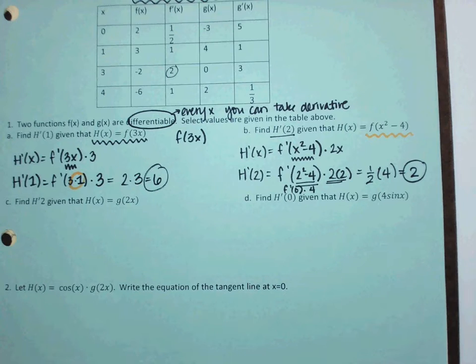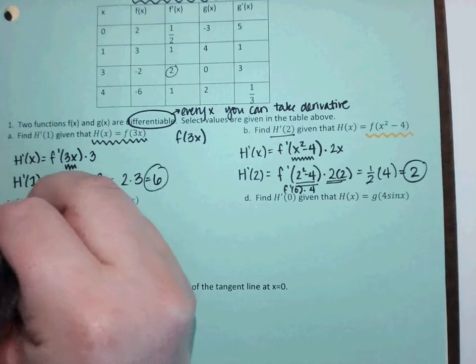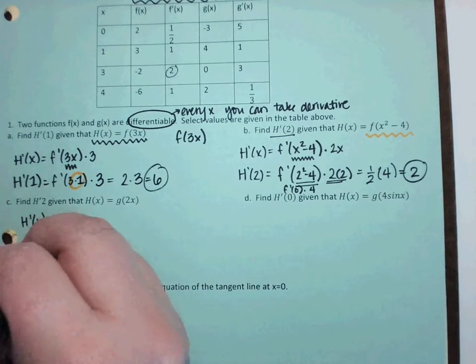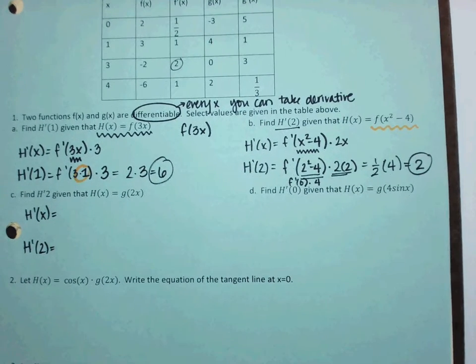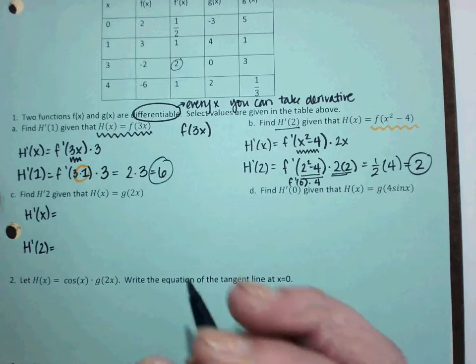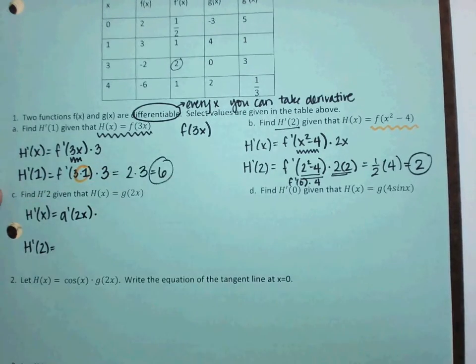We want h prime of 2. H is g of 2x. So we want h prime of x, then we want h prime of 2. Okay, g of 2x. What's the derivative of that going to be? G prime of 2x times 2.